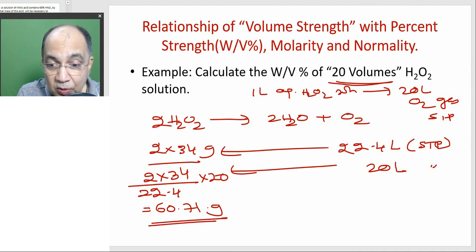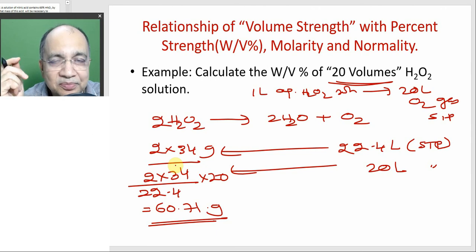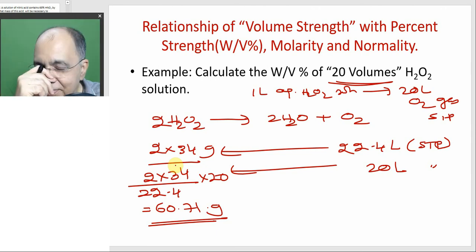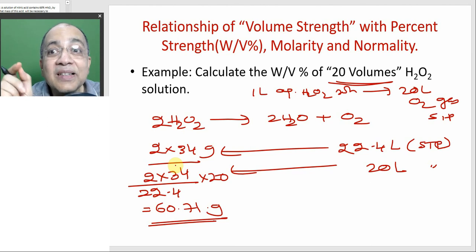This 60.71 that we got from the calculation, which will produce 20 liters of oxygen at STP, this amount of H2O2 is present in what volume of aqueous H2O2 solution? Pause. Got it? What? 1 liter.